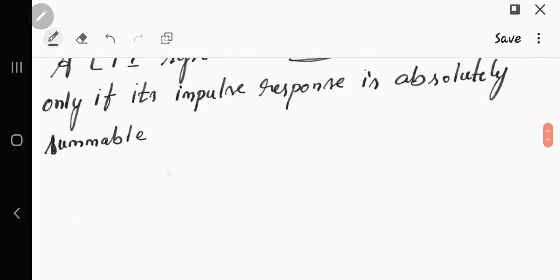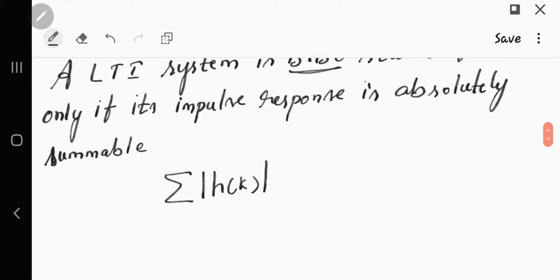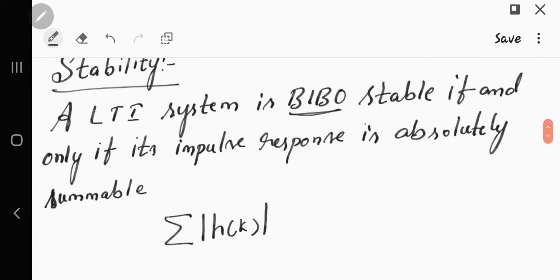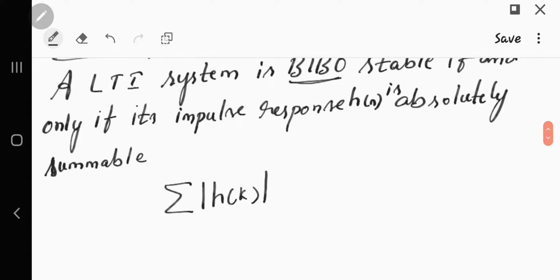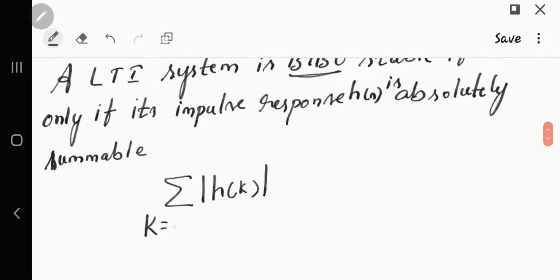The meaning of this is, the impulse response. I'm taking discrete time, so the impulse response is absolutely summable. Here the limit k varies from minus infinity to plus infinity, so this should be less than infinity.